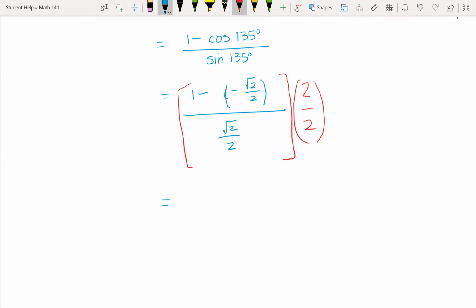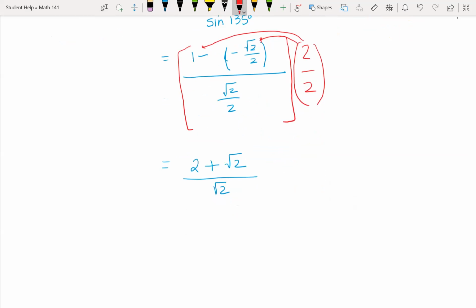Remember that this 2 is going to distribute to the 1 here and then also to the fraction here, right? So we have 2 minus, and minus will change to plus, the square root of 2, and in the denominator we have square root of 2.